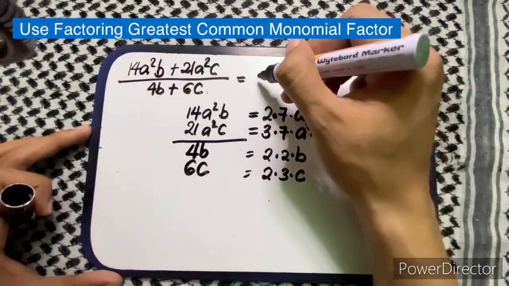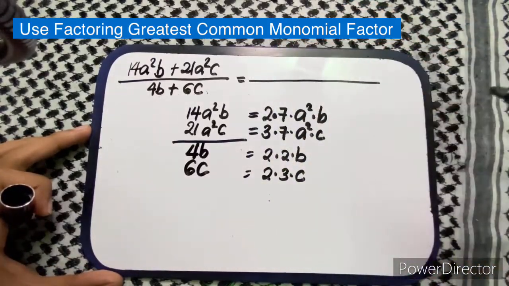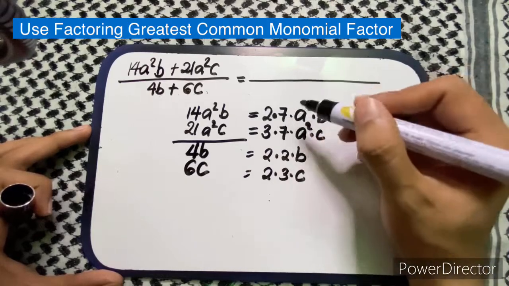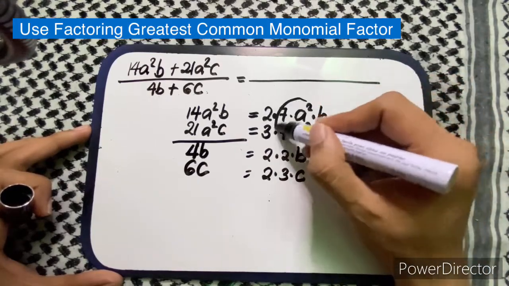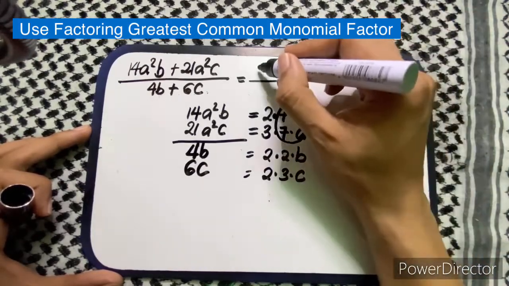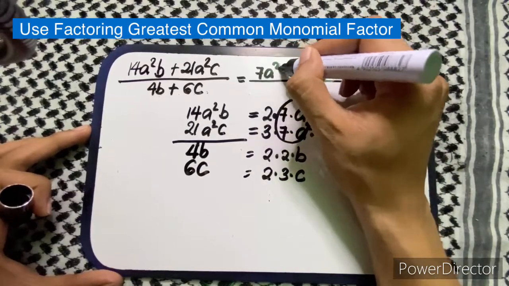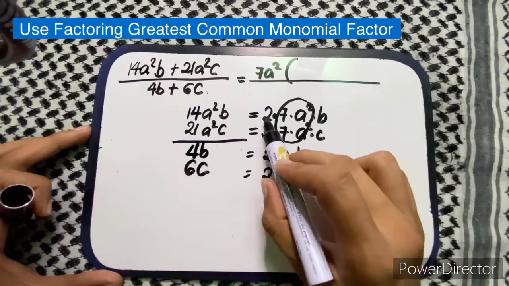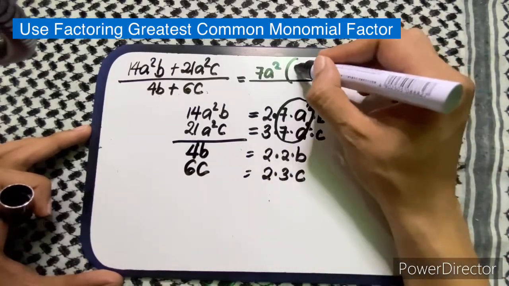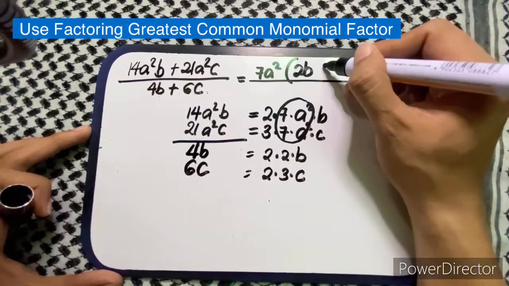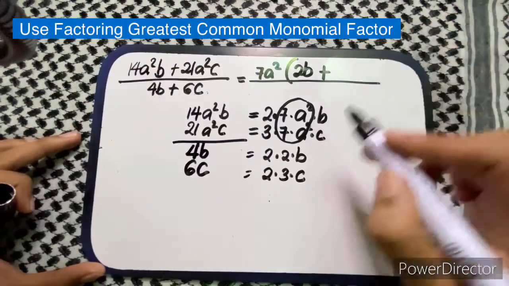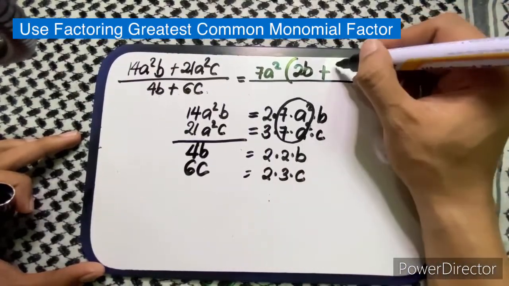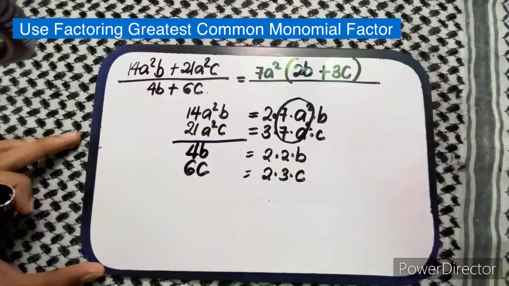In the numerator, the common factor is this one, so copy 7a squared. Then the remaining is 2b plus 3c, right?